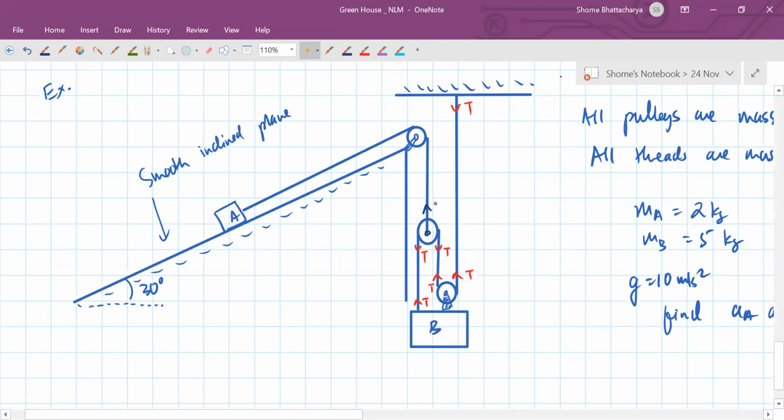This string will have a tension, let's say T prime, that should be equal to how much? 2T, because this is a massless pulley. There is T prime acting on it upwards and T acting downwards, but this is massless. So the net force should be zero. So this is our first important relation. So 2T is acting like this on this.